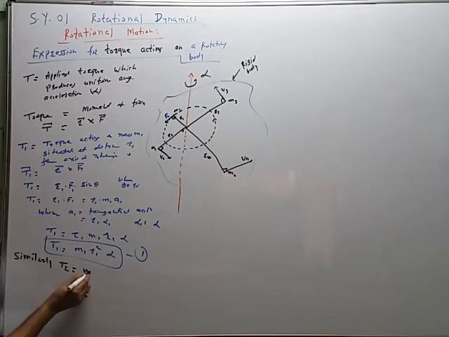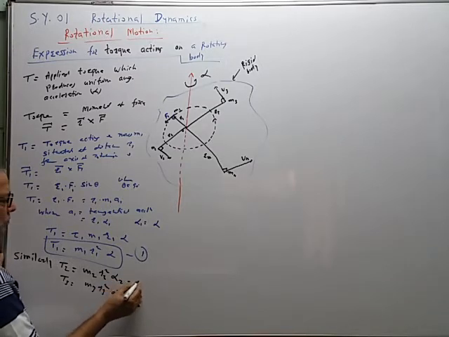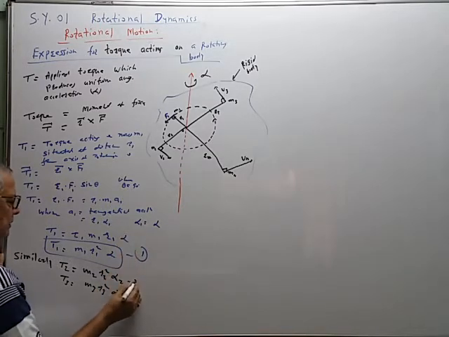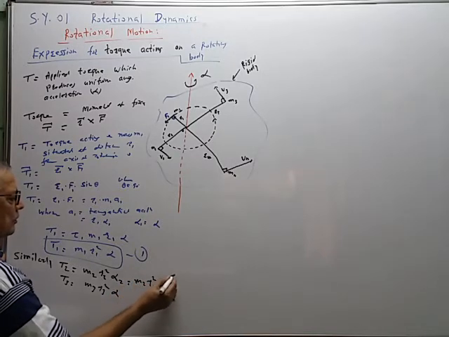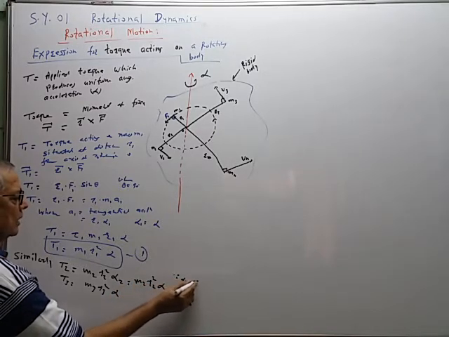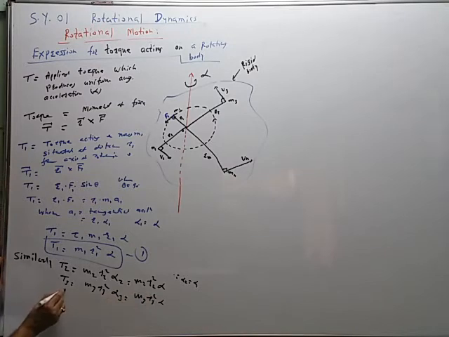Second torque has magnitude mass of the second particle, r2 square into alpha2, but alpha2 is equal to alpha. So T2 is equal to m2 r2 square alpha. T3 is equal to m3 r3 square alpha, because alpha3 is equal to alpha, and so on.